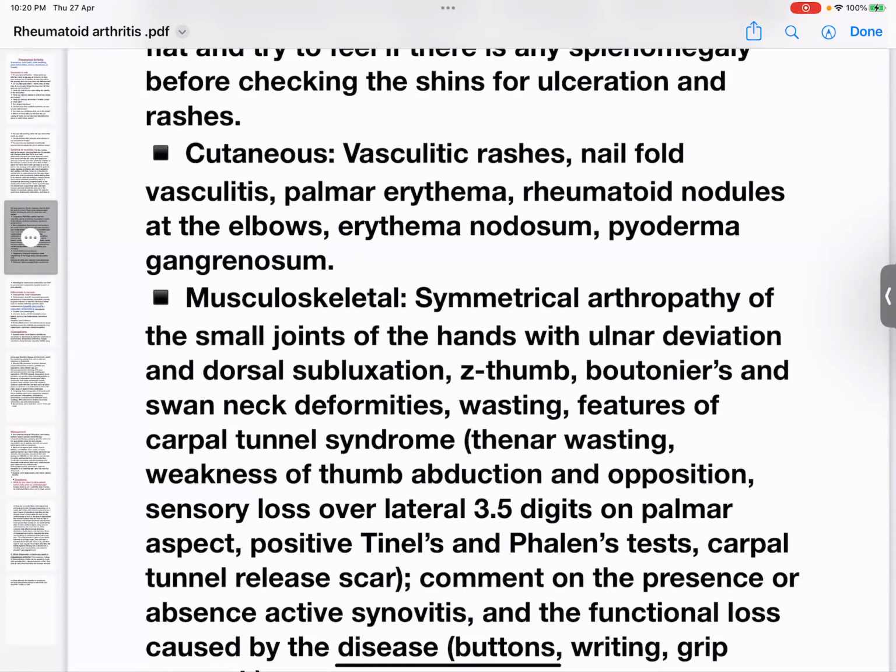So look at the skin for any characteristic rash. Erythema nodosum may be found with tuberculosis, and may be found with sarcoidosis.